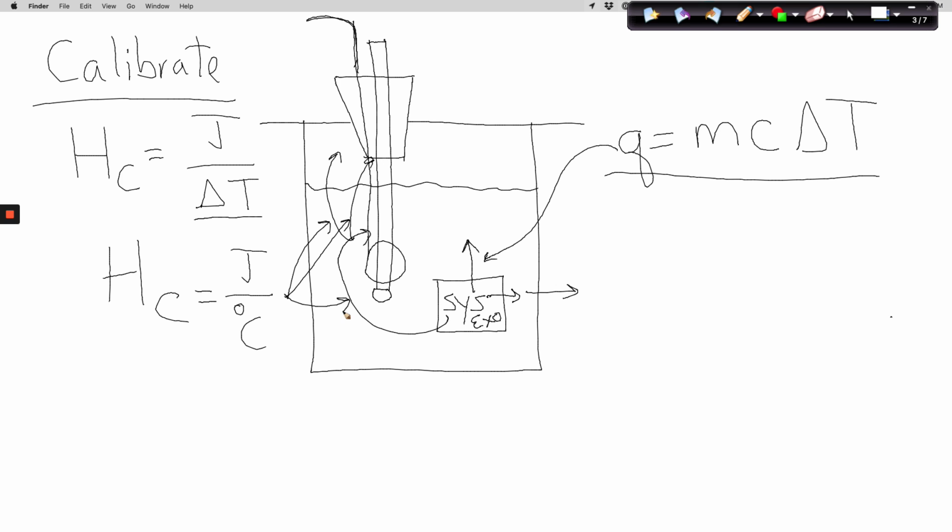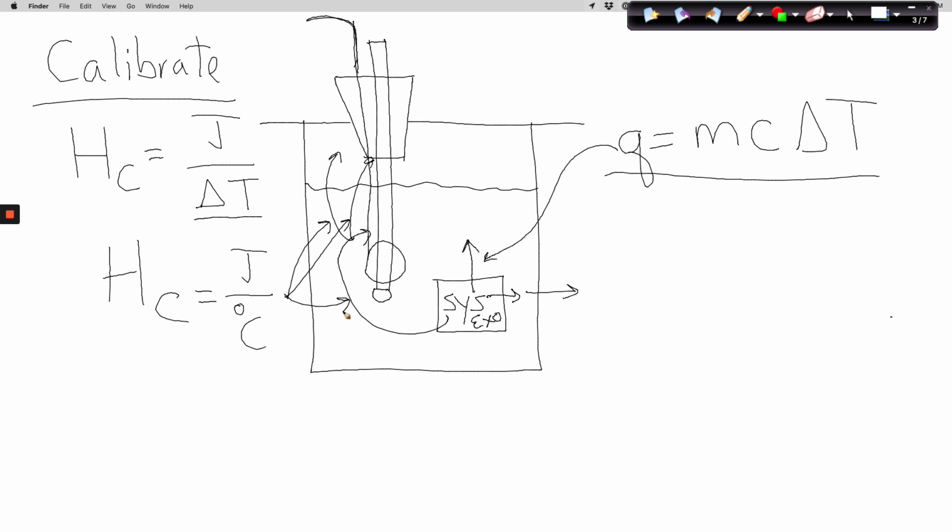And so what we'll do when we actually start doing the reactions is measure the temperature change of the calorimeter, and by knowing the temperature change and the heat capacity, because we found it through calibration, we can then figure out the number of joules of energy absorbed by the calorimeter. Brilliant? Brilliant.